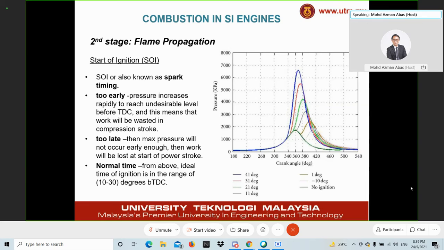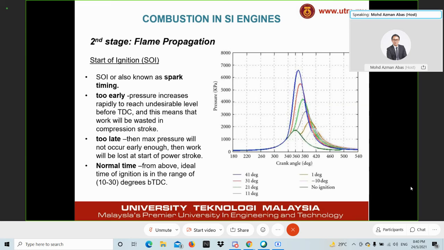So in normal automotive engines nowadays, what is the range of ignition timing, or SOI? You are looking at between 10 to 30 degrees before TDC.